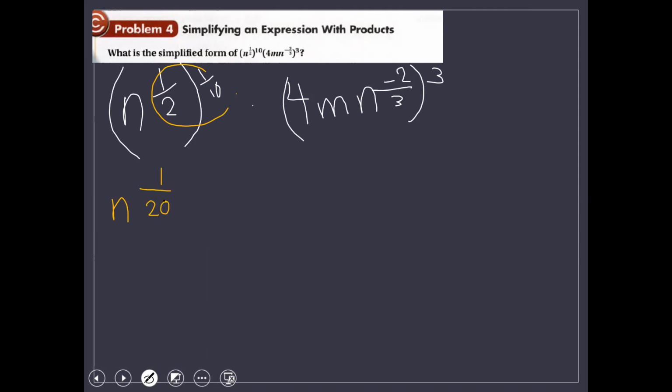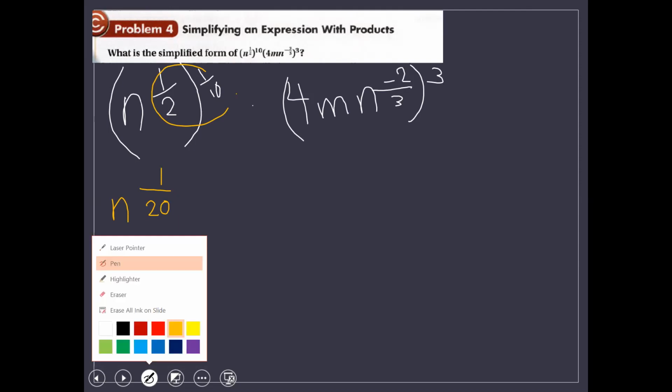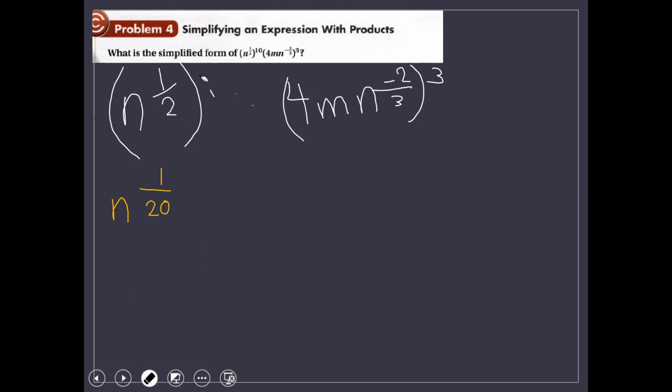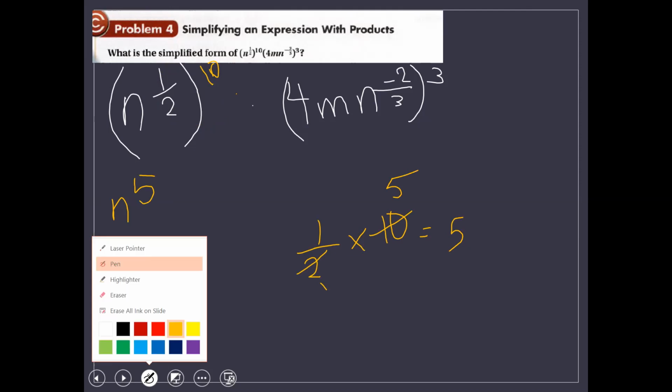I'm sorry, it is 1 over 2, not 1 over 10. It's like multiplying a number with a fraction. Can I simplify? Yes. So the answer is 5. So it is n raised to the power 5.